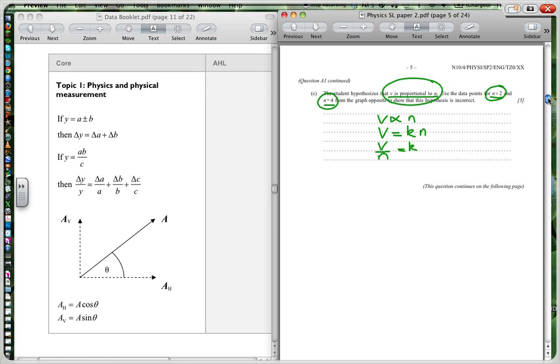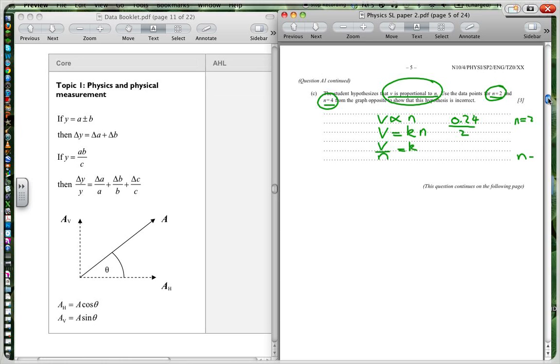So let's do for N is equal to 2. We're going to get our V for N is equal to 2 is going to equal 0.24. You must just check to see whether I'm doing this right. 0.24 divided by 2, and that is for when N is equal to 2.